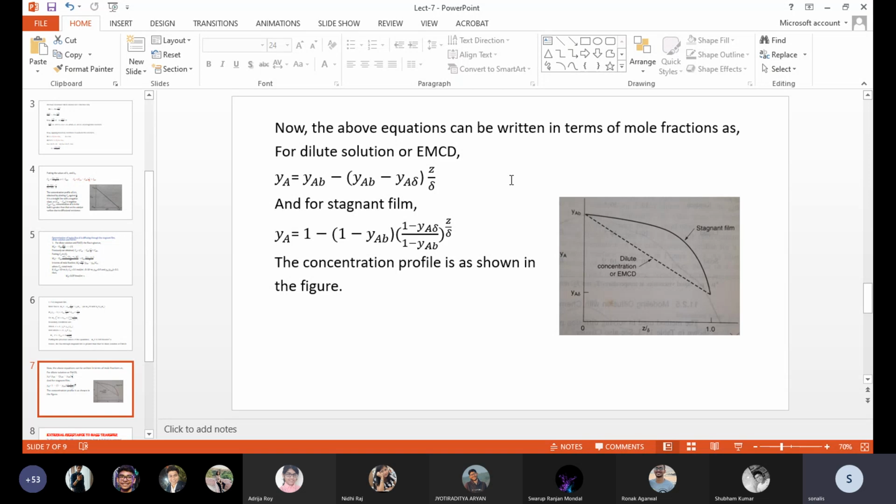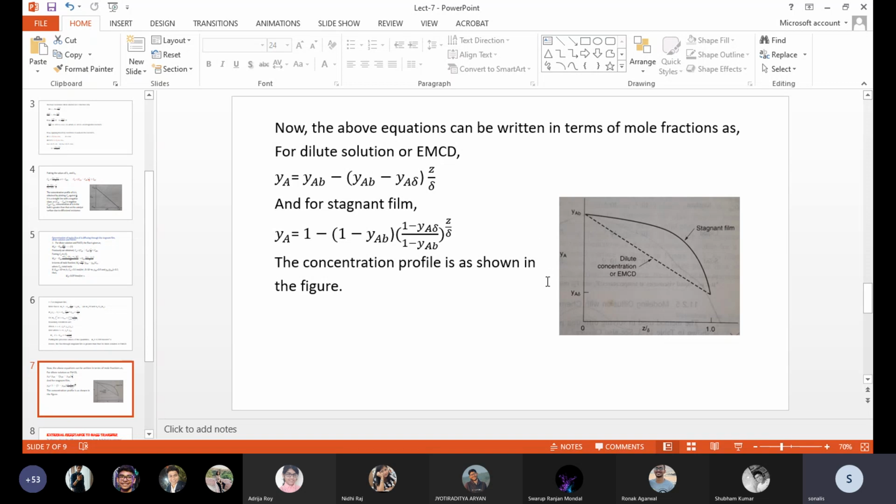If we draw the concentration profile, both equations, dilute solution EMCD and stagnant film, plotted in a single graph, we get this type. This is Y_A, the mole fraction, against Z by delta.